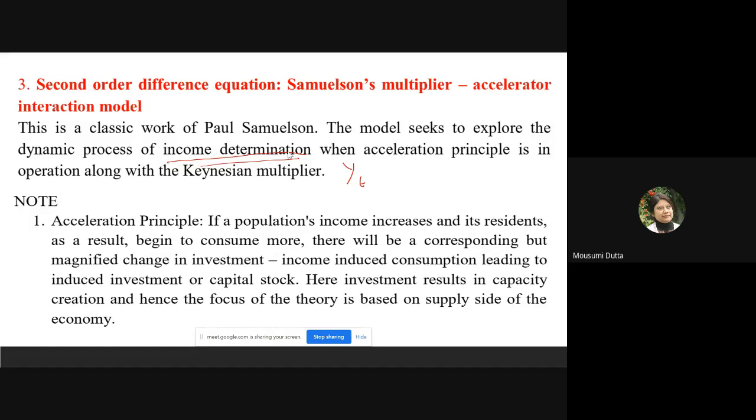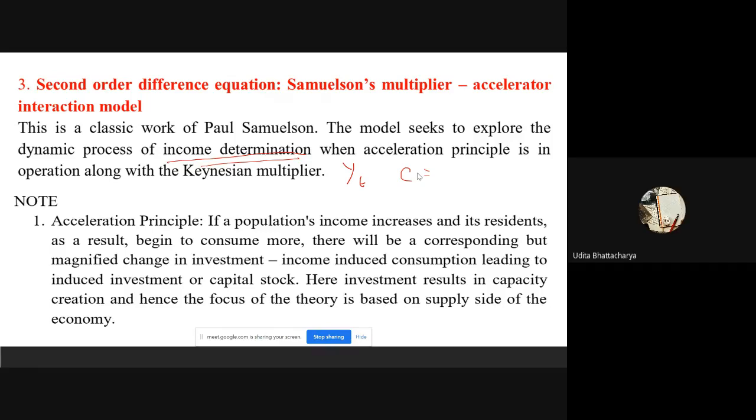Now look at the acceleration principle. If a population's income increases and its residents as a result begin to consume more, there will be a corresponding but magnified change in investment. Since you know the national income accounting thing, since you have idea about the consumption expenditure, can you tell me, C is a function of what?